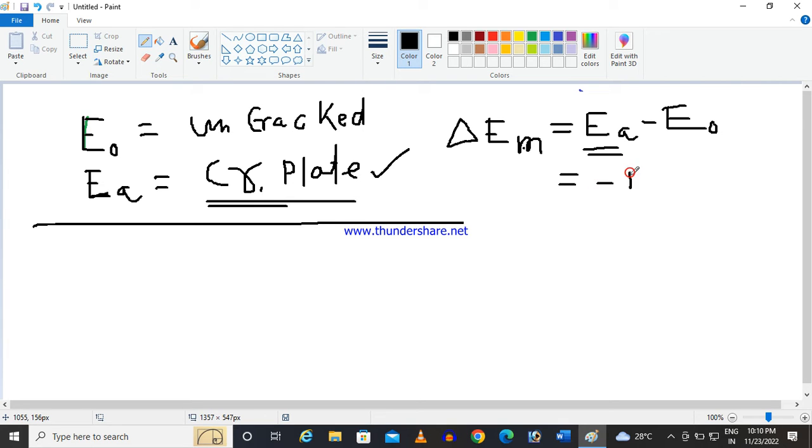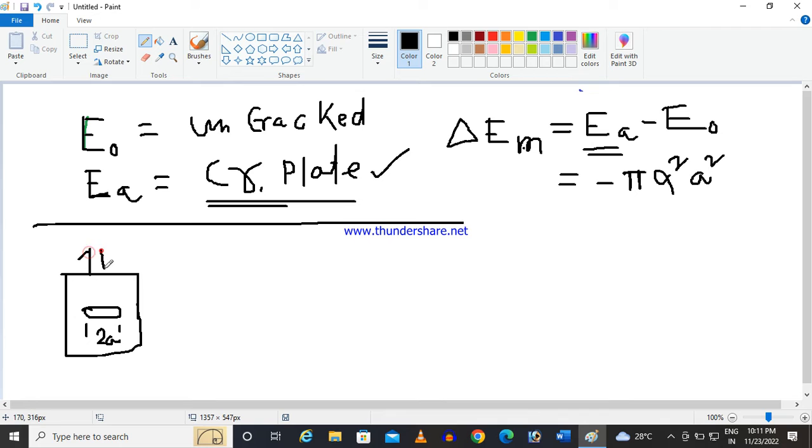This value can be written empirically with the standard formula: minus pi sigma squared A squared B divided by E, where A is the half length of the crack, B is the width, sigma is the applied stress, and E is the Young modulus of the material. The crack length is 2A.